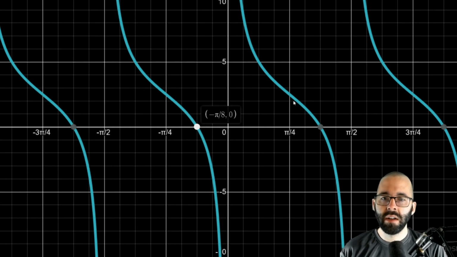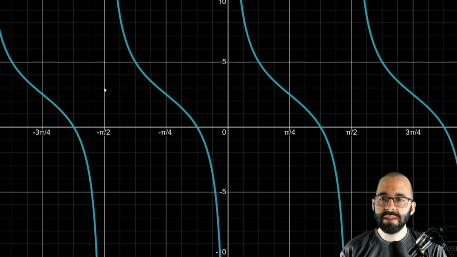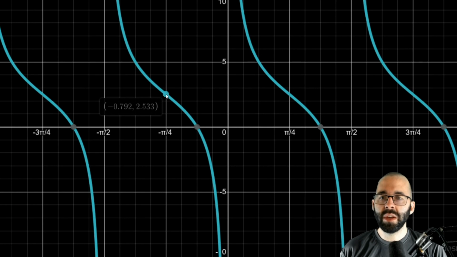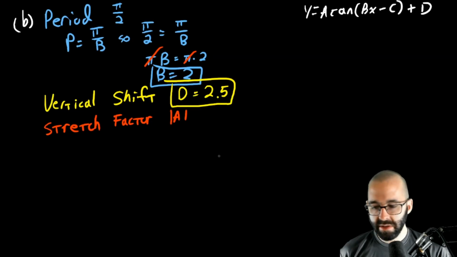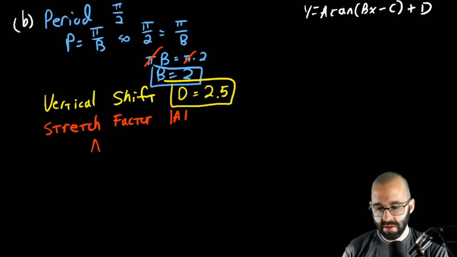All right. We could do it to the left, right? If we go halfway to this asymptote, normally we'd go up 1 to 3.5, but when you go halfway to the next asymptote, we go up 2.5. All right, so it's negative, right? We're decreasing everywhere. Our A value has to be negative, and we're being stretched by 2.5.